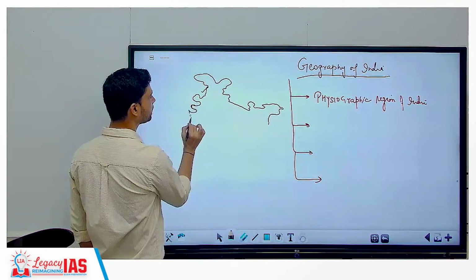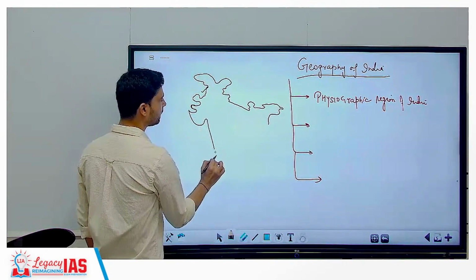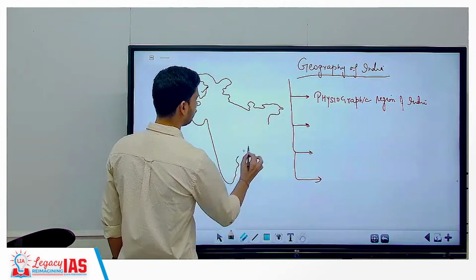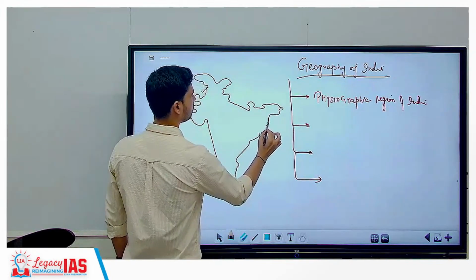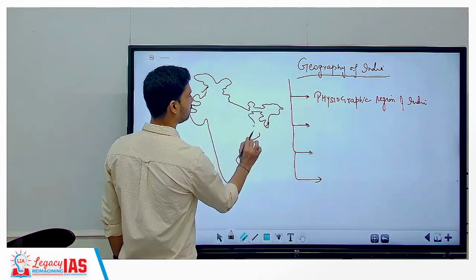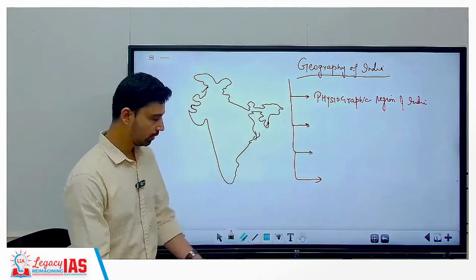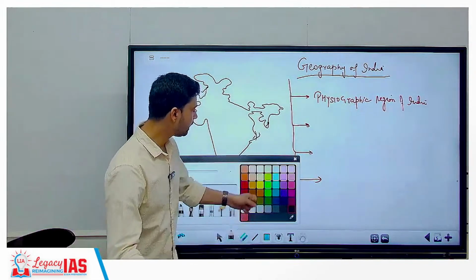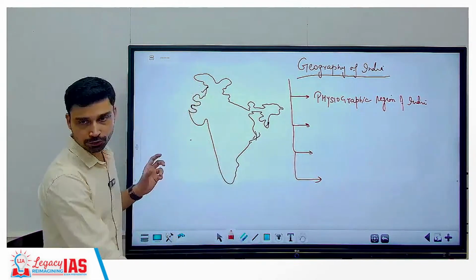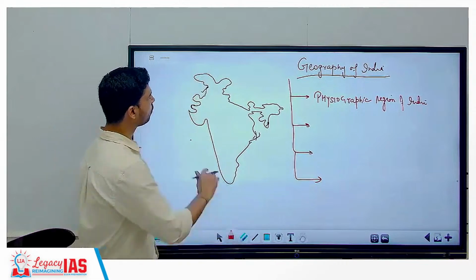Different landscapes are there. So what are the major landscapes? The study of that is what is considered as physiographical region. So overall, the entire India can be divided into 5 physiographical regions, starting from north to south.